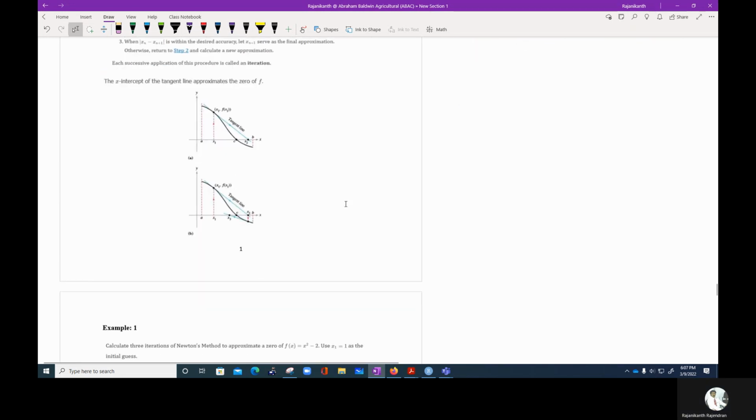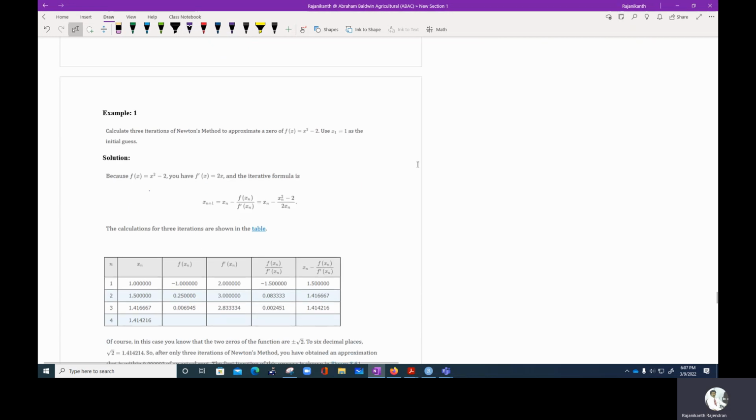Okay, so you will understand if I do one problem. Calculate 3 iterations of Newton's method to approximate the zeros of the function.